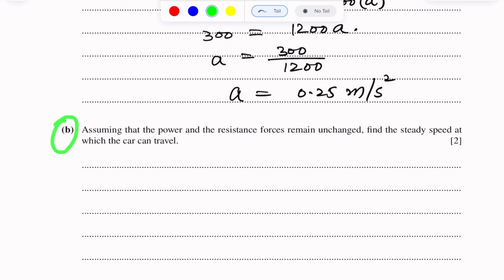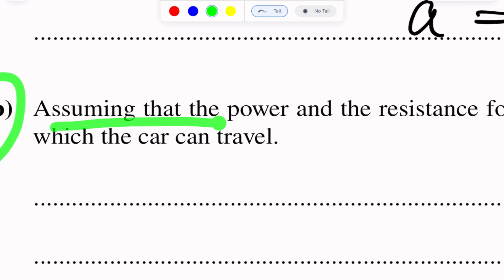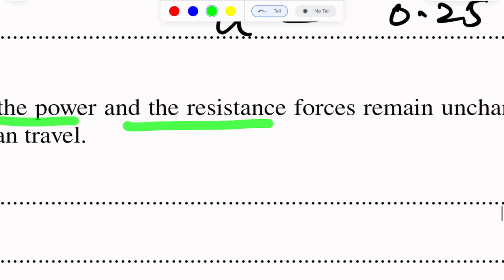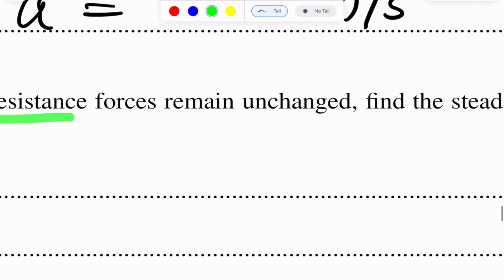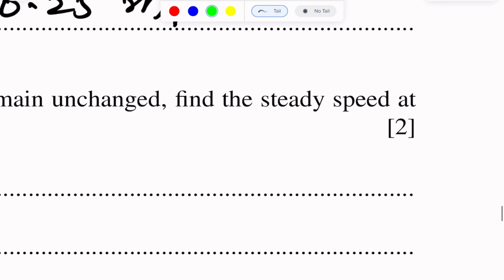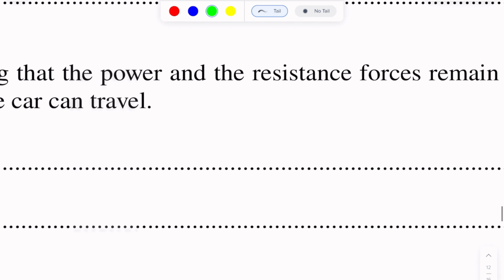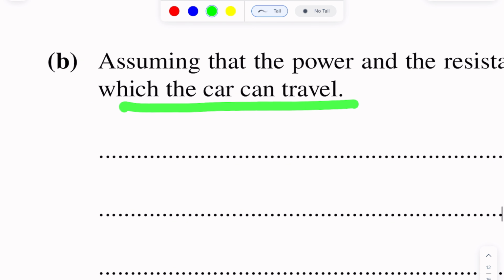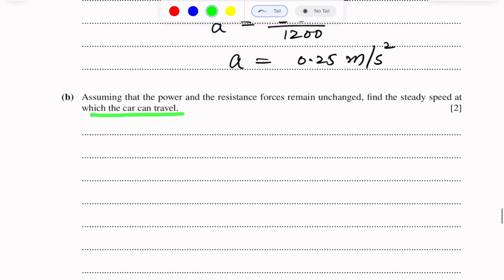Part B of this question is: assuming that the power and the resistance forces remain unchanged, find the steady speed at which the car can travel. Now for steady speed, acceleration will be 0.